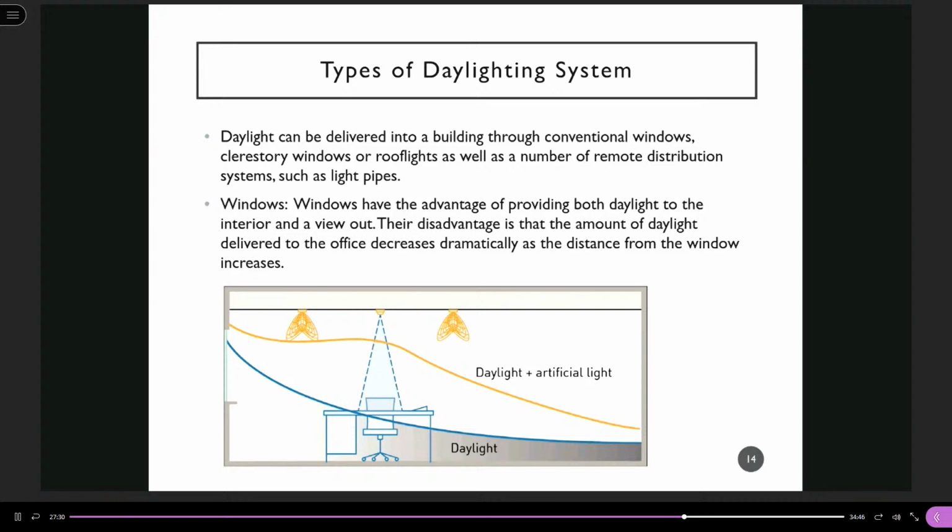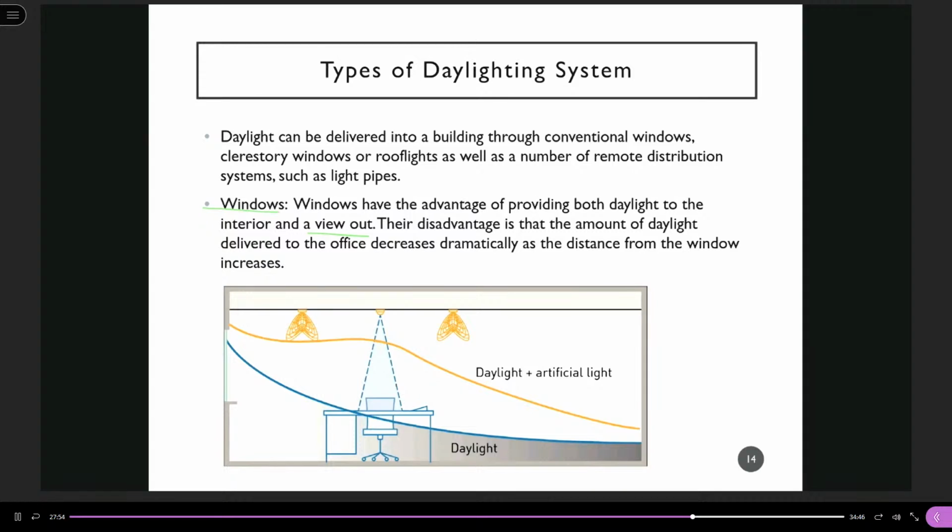First of all, what is a window? We all know what a window is, right? Windows have the advantage of providing both daylight and a view out. Their disadvantage is that the amount of daylight delivered to the room will decrease dramatically as the distance from the window increases.